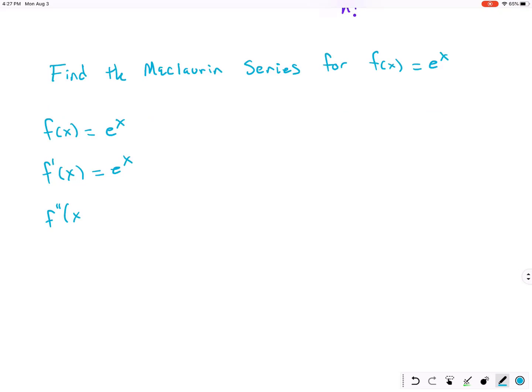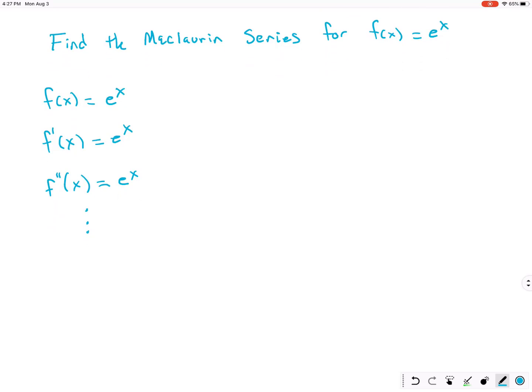The first derivative is equal to e to the x, and the second derivative is equal to e to the x. And if we kept going, we'd end up with the nth derivative is equal to e to the x.